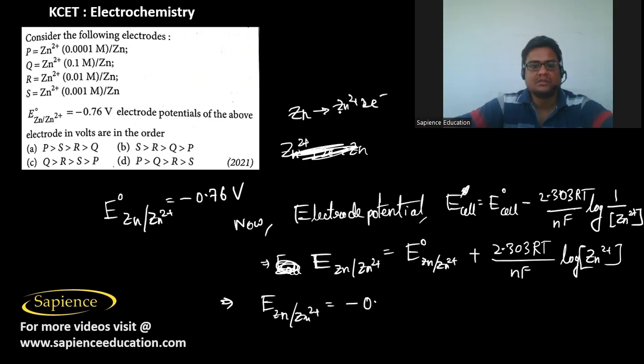So it is the oxidation potential, which is happening at the anode.